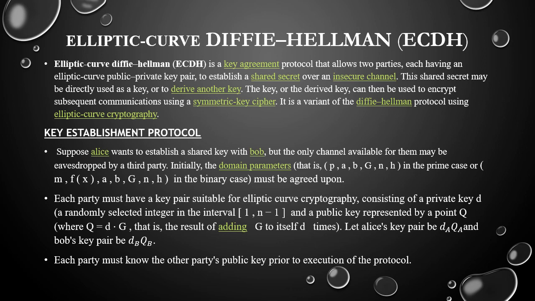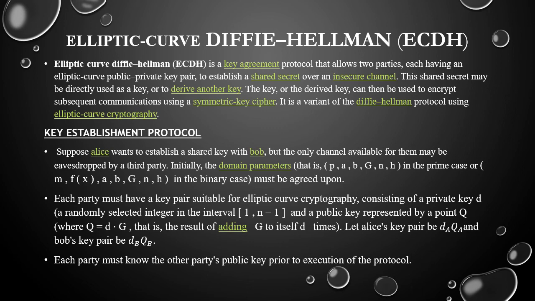Then each party has an elliptic curve key pair consisting of a private key d that is randomly chosen from the integers 1 to n minus 1 and a public key represented by a point Q. Q is equal to d times G. Let's consider Alice's key pair is dA and QA, and Bob's key pair is dB and QB.